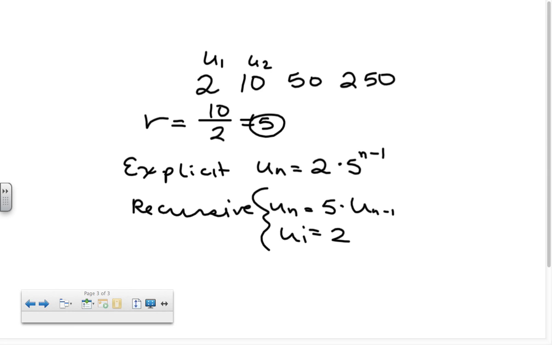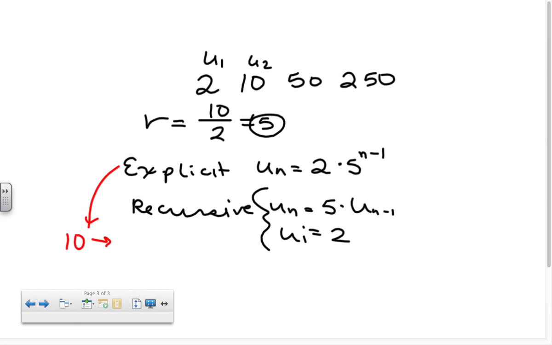Now I'd love to find the 10th term. So let's go. I'm going to use the explicit function. I would not use the recursive function to find this. If I did, I would have to go through, we have 4 terms, so I'd have to go 5, 6, 7, 8, 9, 10.